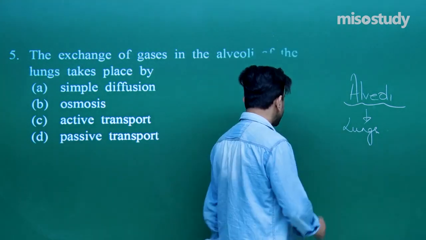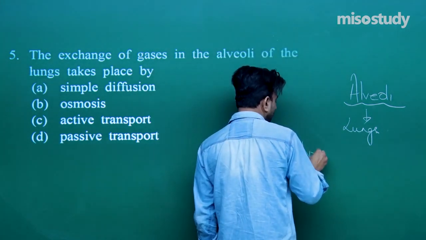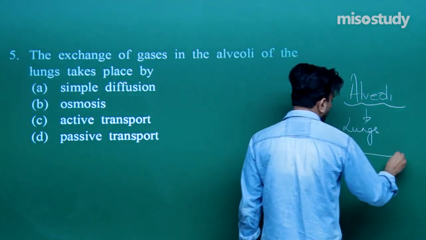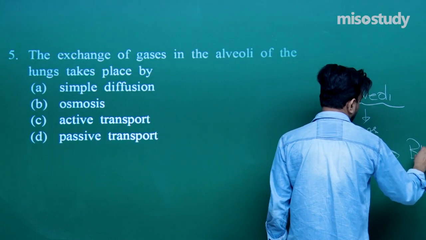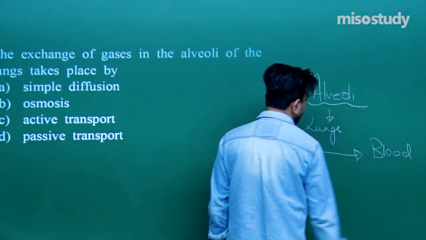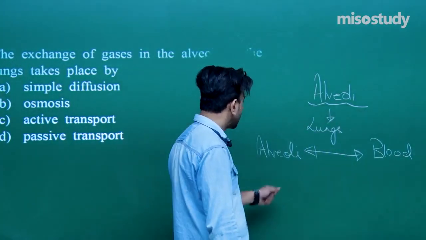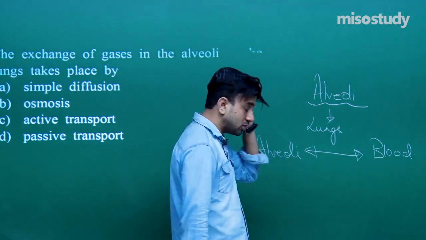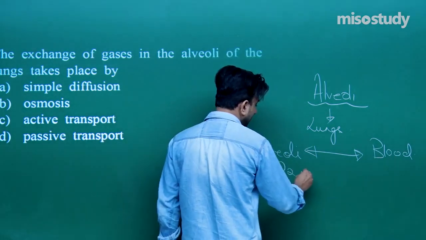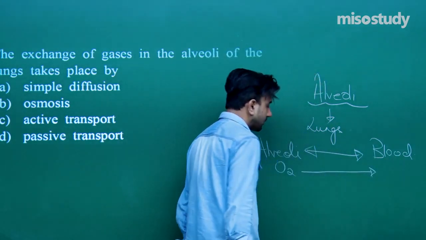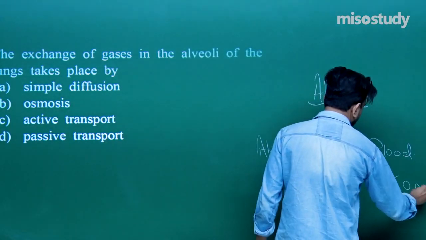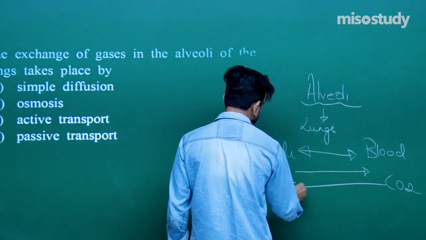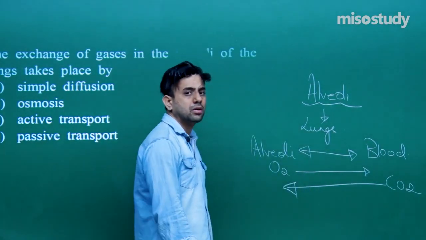And the exchange of gases is taking place between the alveoli and the blood, isn't it? What happens? The oxygen will be getting inside the blood, and the carbon dioxide from the blood will get inside the alveoli, right.